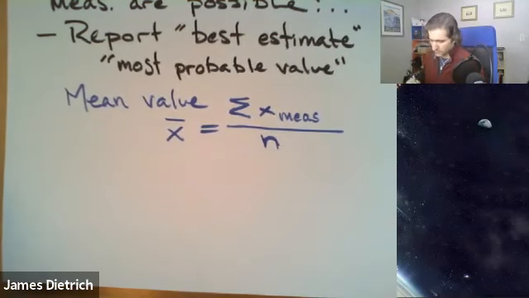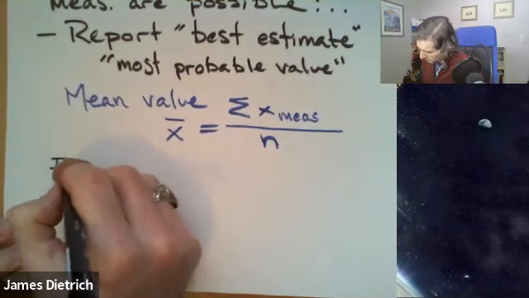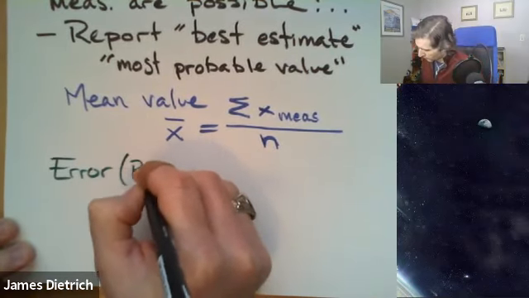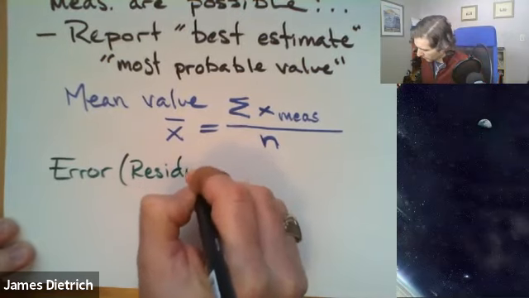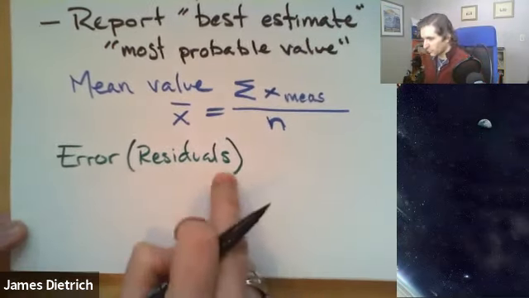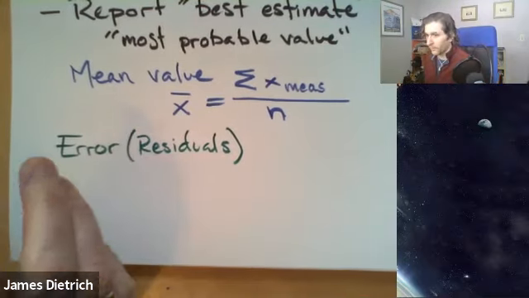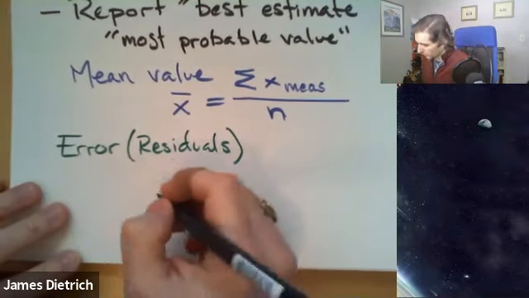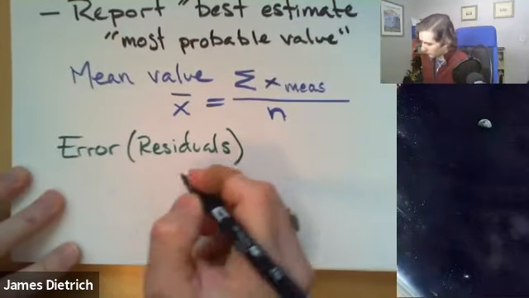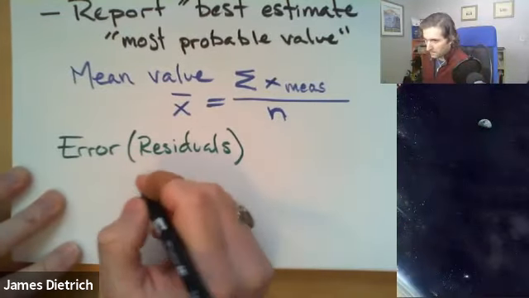I'm going to use green here. We can talk about the error or the residuals for our individual measurements, and this goes back to that very first equation.